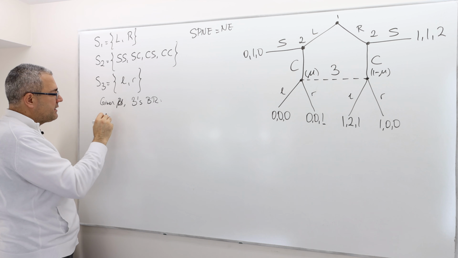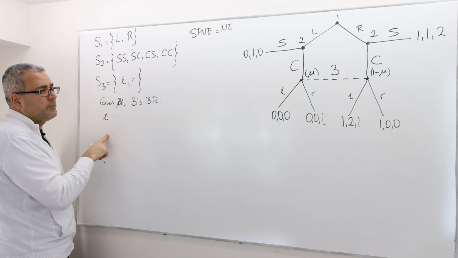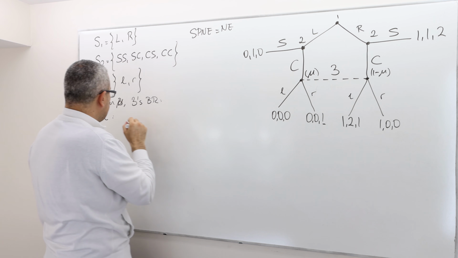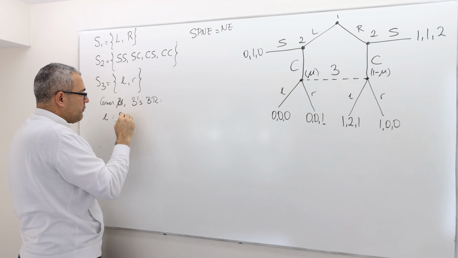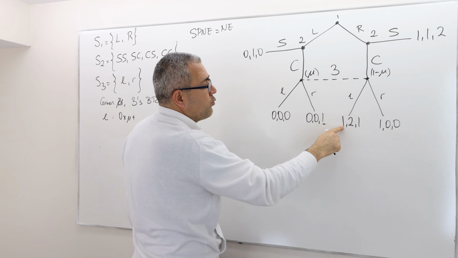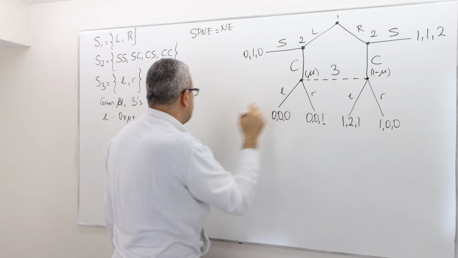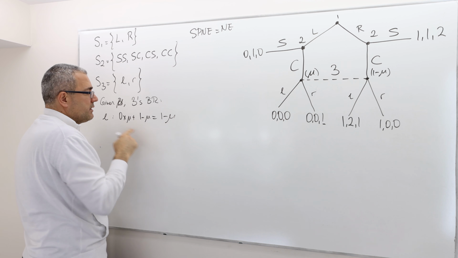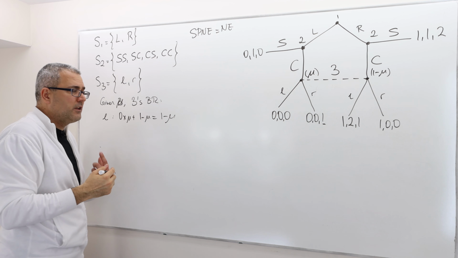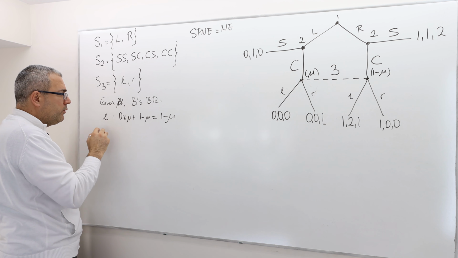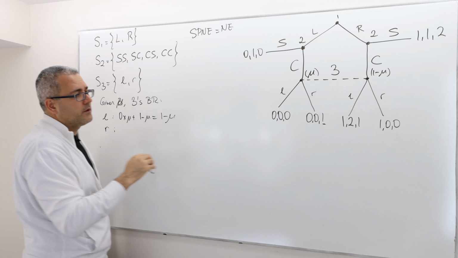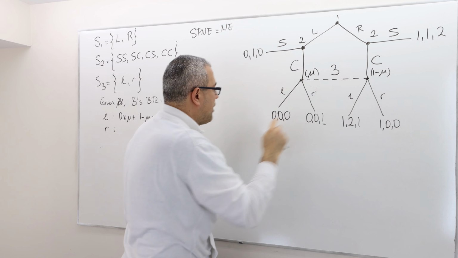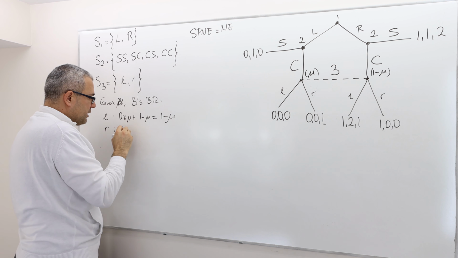So if he chooses L, I'm calculating his expected payoff. He's going to get 0 with probability mu, so 0 times mu, plus he's going to get 1 with probability 1 minus mu, so it's 1 minus mu. So if he chooses left, his expected payoff is 1 minus mu. If he chooses R, however, he's going to get 1 with probability mu and 0 with probability 1 minus mu, so it's just mu.